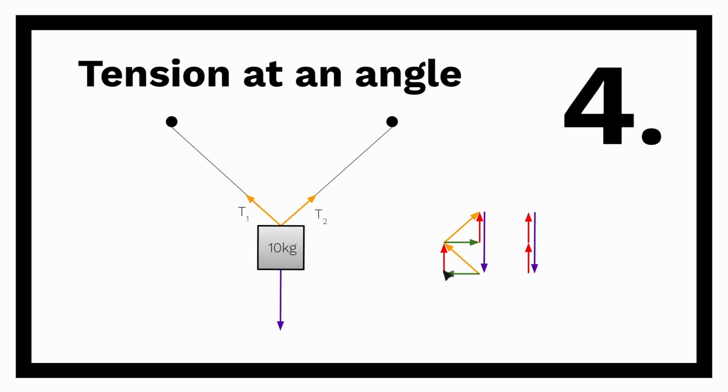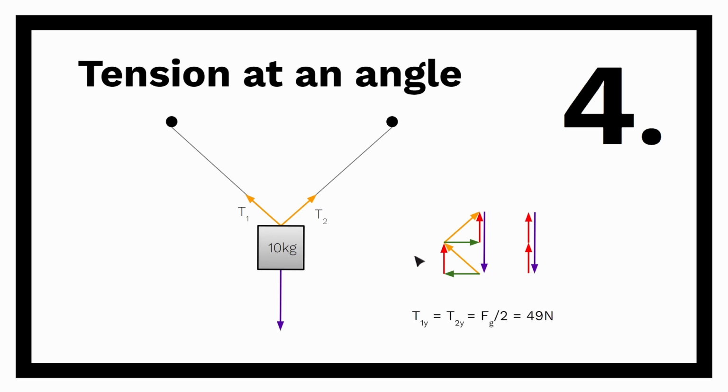The red is the Y component. So each one goes up a certain amount and each of those have to cancel with the purple. But also the X directions have to cancel, because if this one's going left, then this one has to go right the same amount to cancel and go back to 0 here.